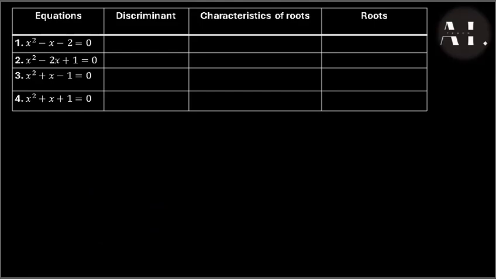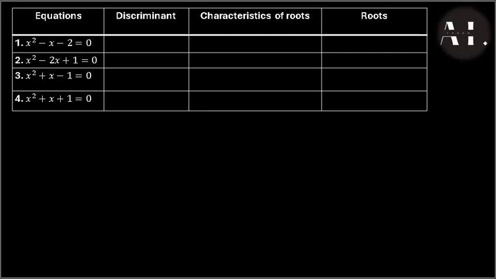For example, let us find the discriminant, their roots, and characteristics. To solve each quadratic equation, I'm going to use only one method, that is by using the quadratic formula to determine the discriminant easily.